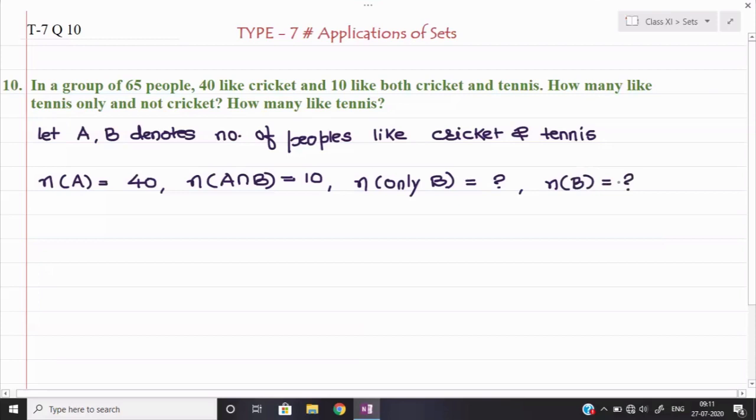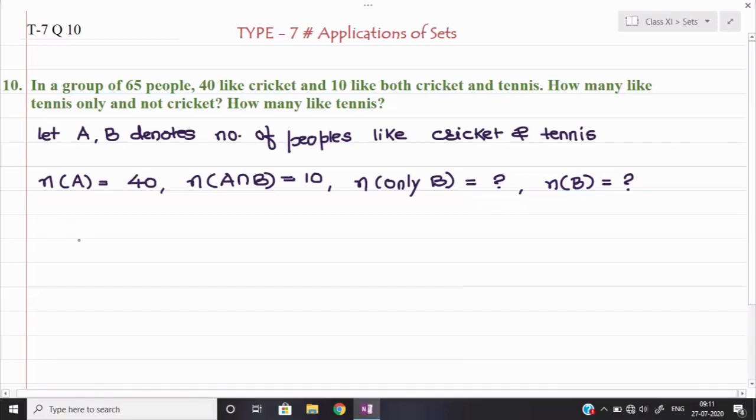Now the group is given as 65 people. Since there is no information given here that no persons are there who don't like any of the games, or they are not asking such things as they asked in the previous question, how many of the students passed in both. However, it was given the information about the failed ones. There we took the total value as n of U, that is 100%.